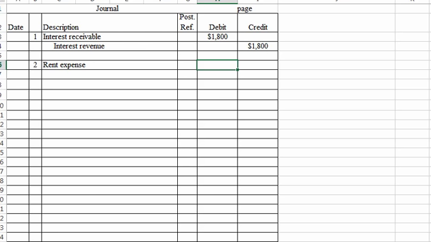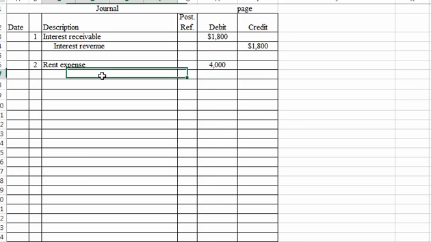Well, what that's going to end up being is our $6,000 divided by the 3 months to get the amount of rent per month, times 2 months to get the amount of rent that's expired by December 31st. So the $6,000 divided by 3 months paid times the 2 months that have expired. And that gets us $4,000.